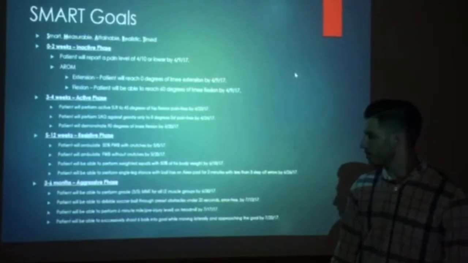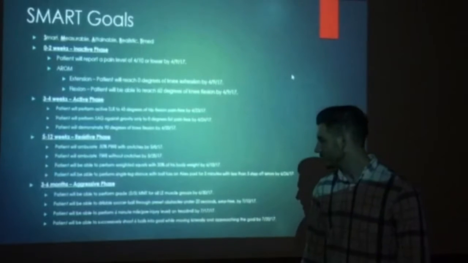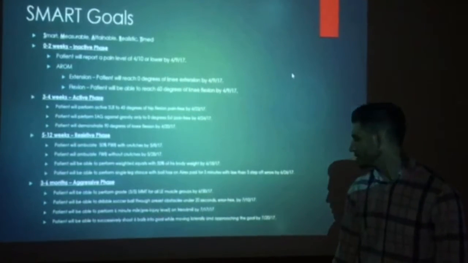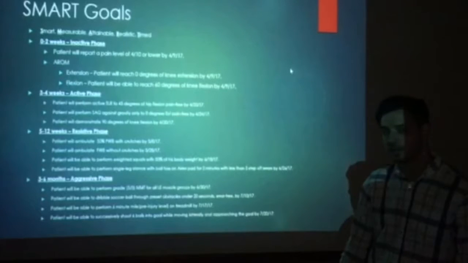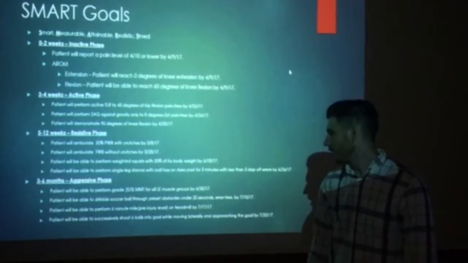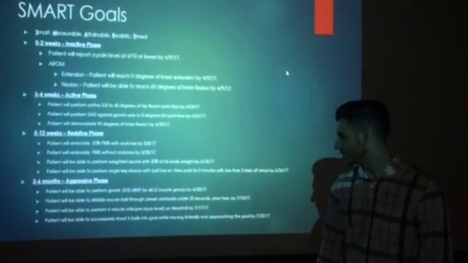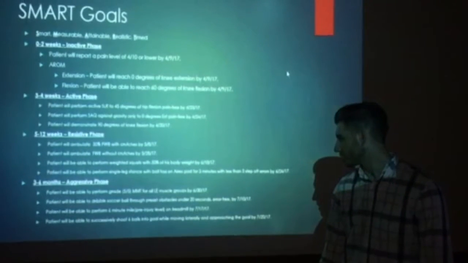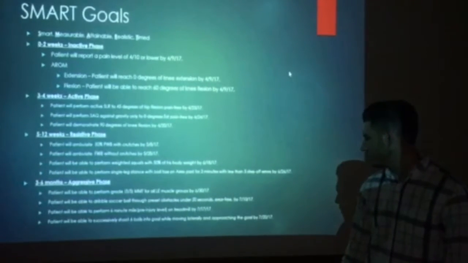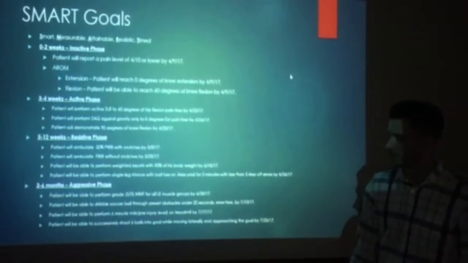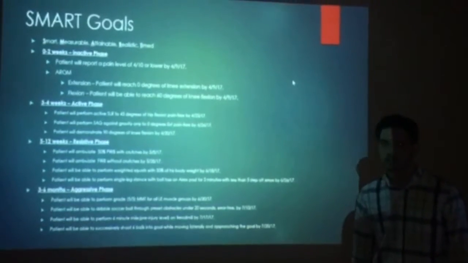Our third goal, the patient will be able to perform a 6-minute mile, pre-injury level, on the treadmill by 7/17. Our fourth and final goal is the patient will be able to successfully shoot 6 balls into the goal while moving laterally and approaching the goal by 7/20/2017.